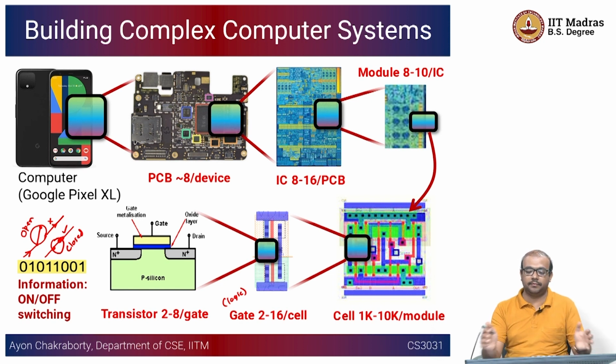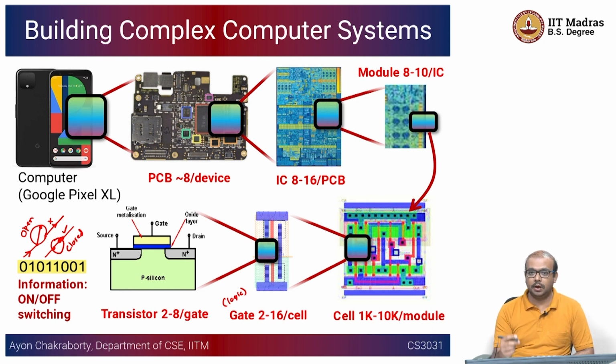So keep in mind this entire flow diagram. Starting from the transistor, you can go to gates, from there to cells, from there to modules, and many such modules can constitute an IC, and typically PCBs are collections of such ICs. Very complex systems like robots or your drone or all the modern computing systems you saw will invariably have some of these PCBs connected together. Even one such IC could be your processor.